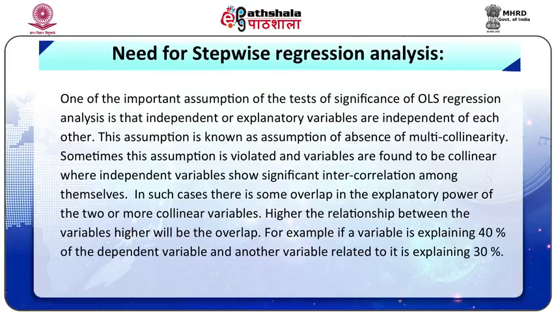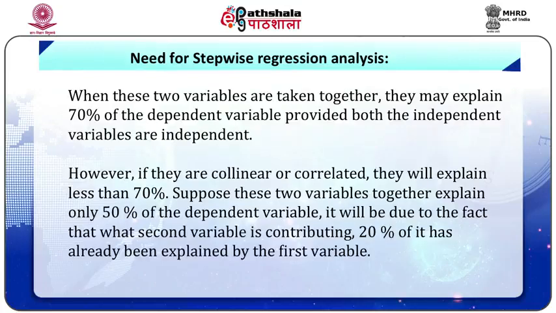For example, if a variable is explaining 40% of the dependent variable and another variable related to it is explaining 30%, when these two variables are taken together, they may explain 70% of the dependent variable, provided both the independent variables are independent. However, if they are collinear or correlated, they will explain less than 70%. Suppose these two variables together explain only 50% of the dependent variable.